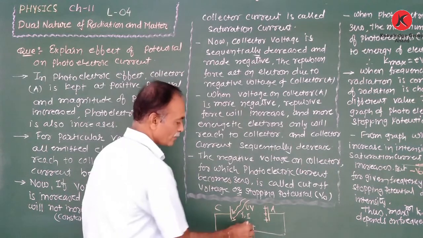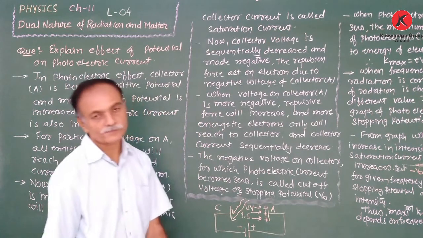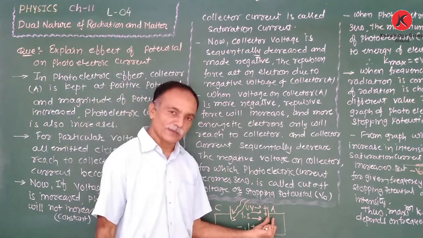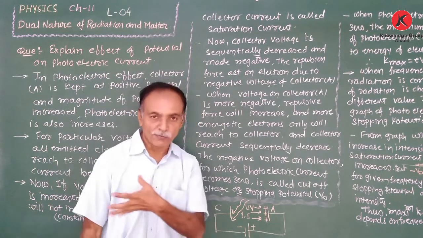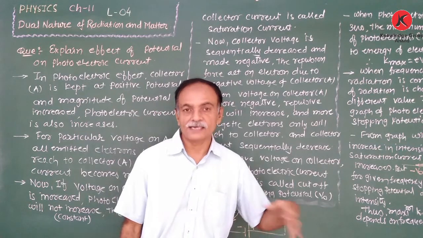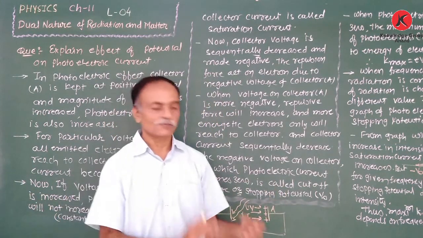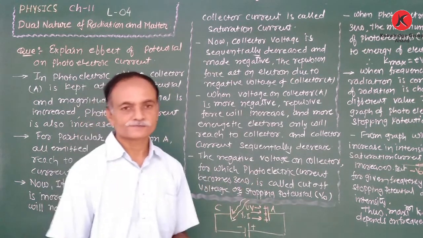Therefore, most of the electrons are attracted towards the anode. As the magnitude of potential on the anode increases, more and more electrons are attracted by the collector.